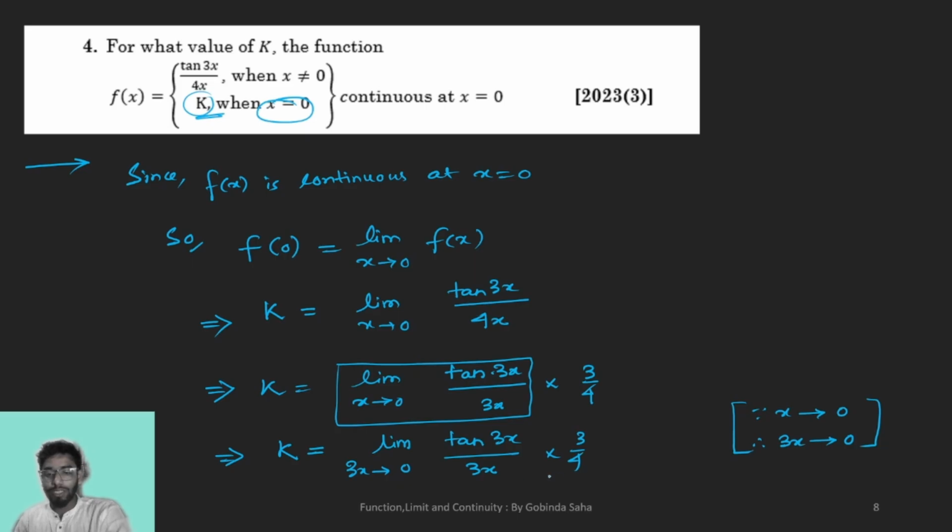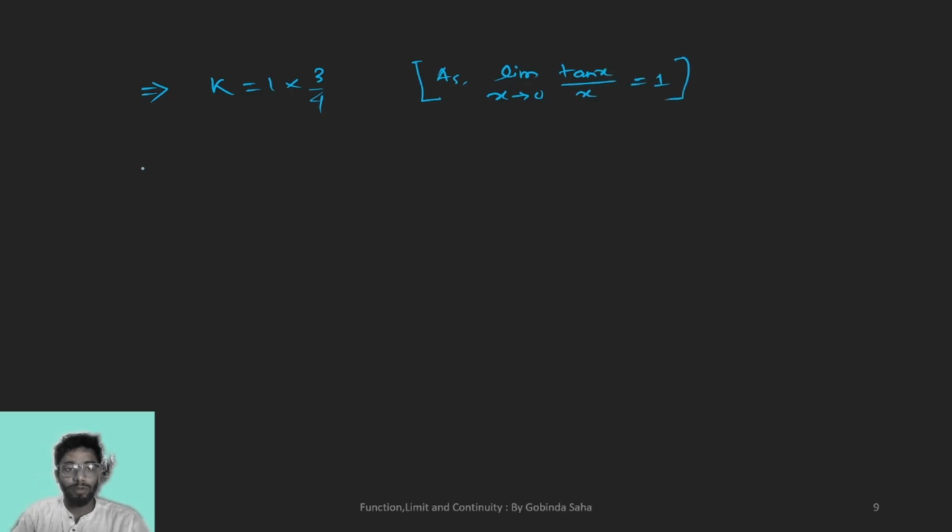As we know, this part is going to give me the value 1. So the next line can be written as k equals 1 into 3 by 4, since the limit as x tends to 0 of tan x by x is 1. So the value of k becomes 3 by 4.